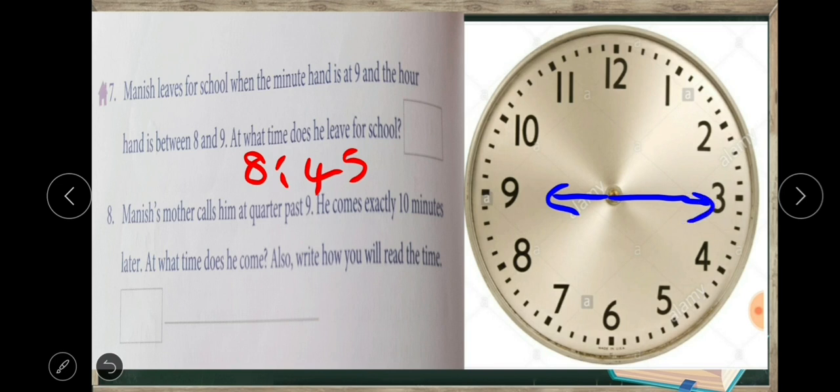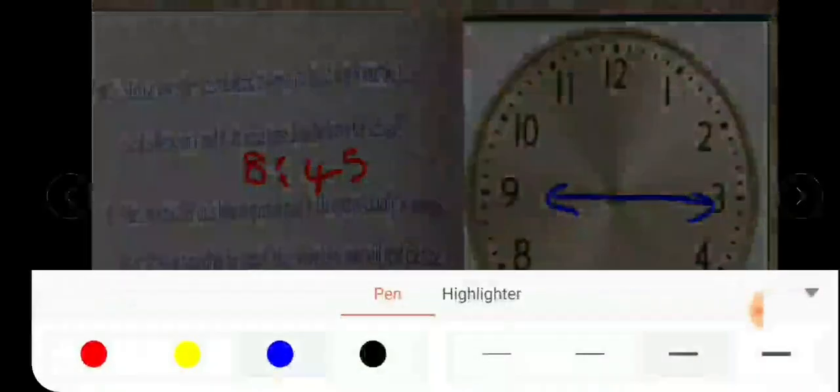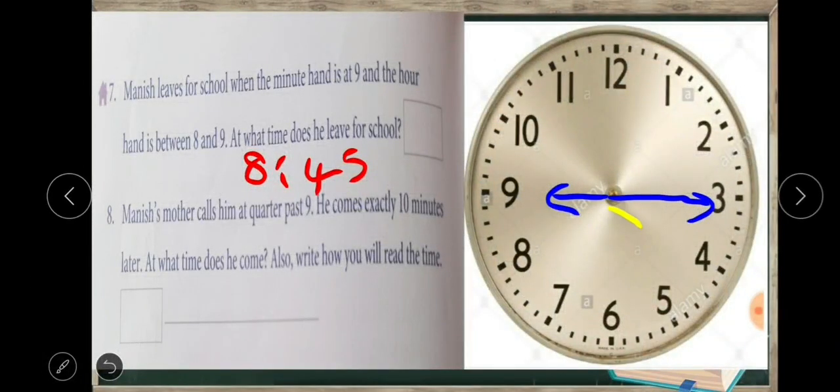And when he comes after 10 minutes, the minute hand will be at 5. Ten minutes later, so what's the time here?